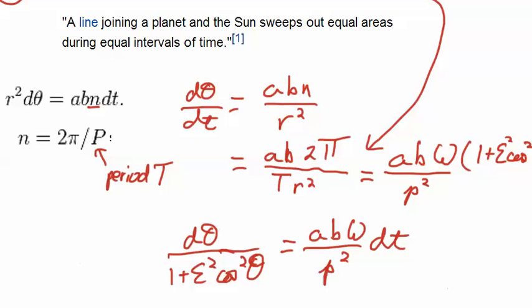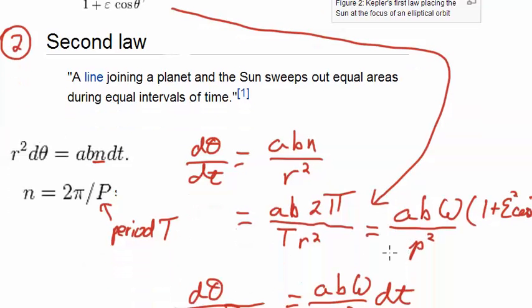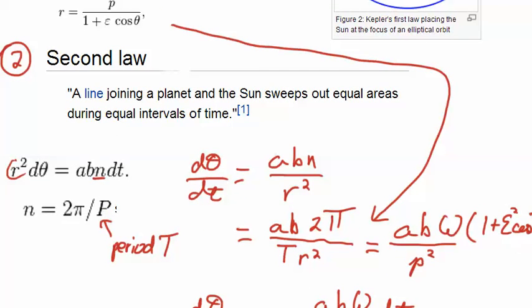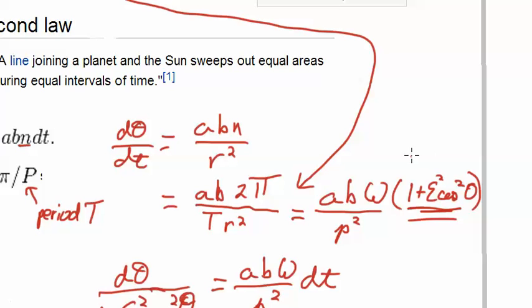Then I used the earlier formula for r as a function of theta, so I replaced r squared with p squared over 1 plus epsilon cosine theta squared. Actually, now that I look at it, I made an error right there, because I squared just part of it, and I should have squared the whole thing. So I'll write that in if you happen to look at the notes.